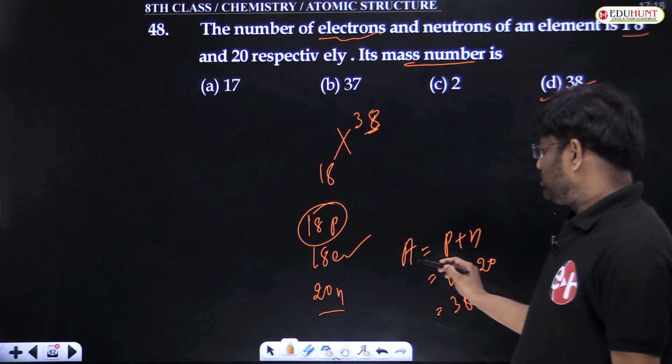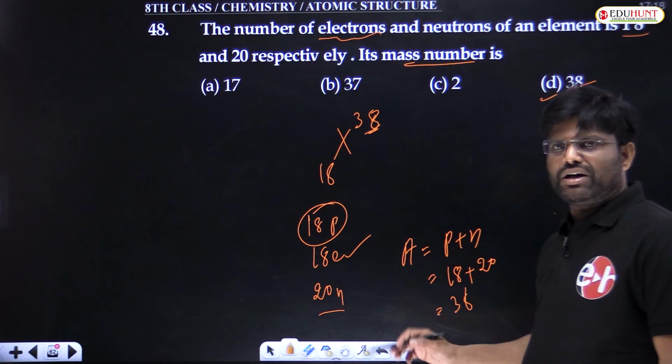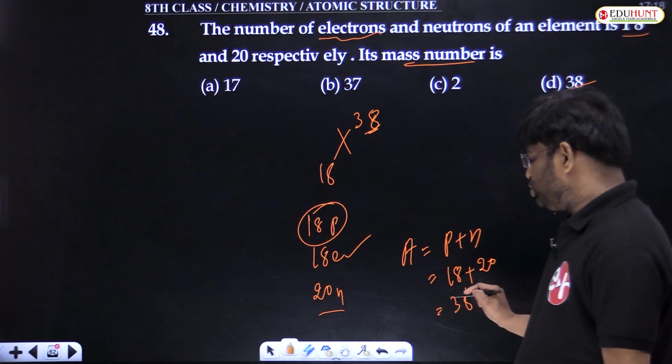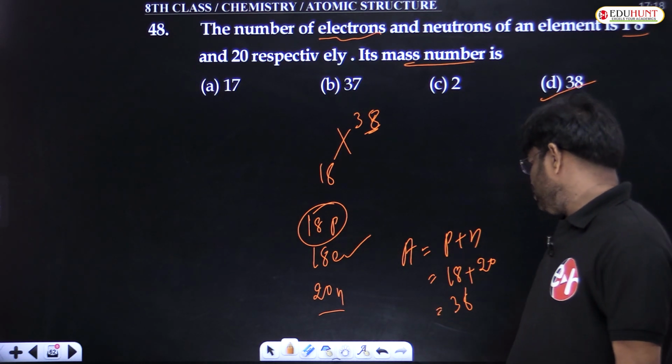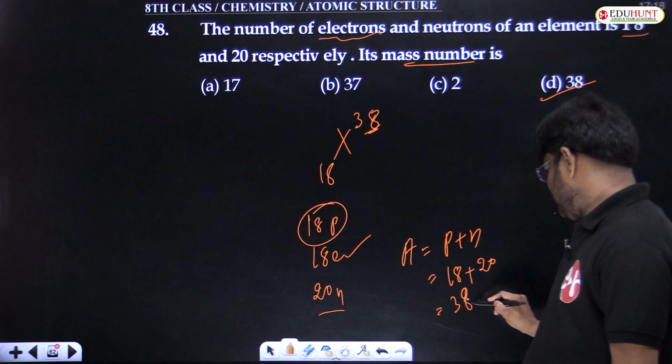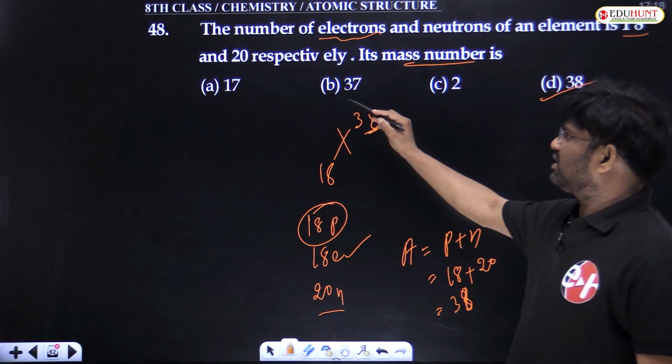The sum of the protons and neutrons gives mass number A: 18 plus 20, so you will get 38. So the answer is 38.